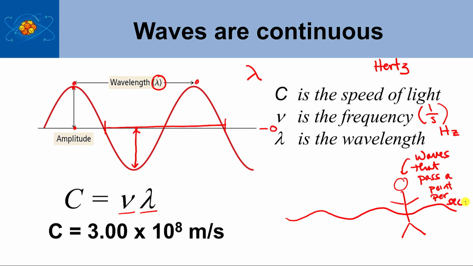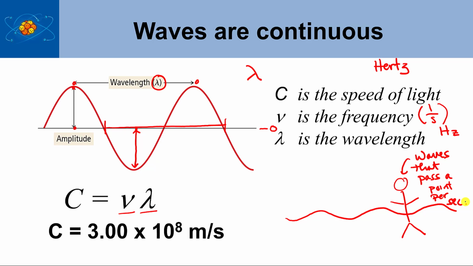So if you're standing in the water and you count, you might get only, because usually the waves aren't going that fast, you might count 1, 2, 3, 4, 1, 2, 3, 4, and then every 4 seconds a wave passes you, then the frequency would be 0.25 hertz. That is, there's a quarter of a wave per second if it takes 4 seconds for the waves to go past you. Okay, so it's literally waves per second.